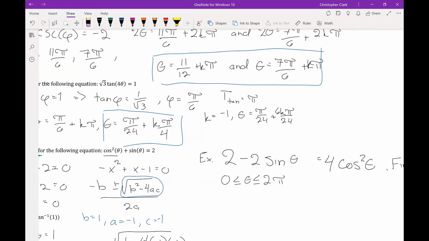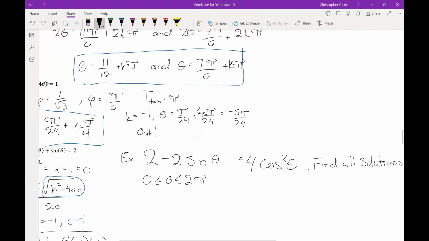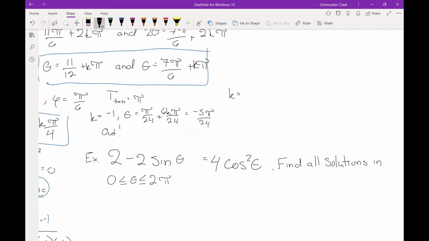So if k is equal to -1, then theta equals pi over 24 plus 6k pi over 24, and this would be -6 pi over 24. You get -5 pi over 24. That's out of bounds, so that's not going to work. How about k equals 1? If you do this, you get theta equals pi over 24 plus 7 pi over 24, which is 7 pi over 24.